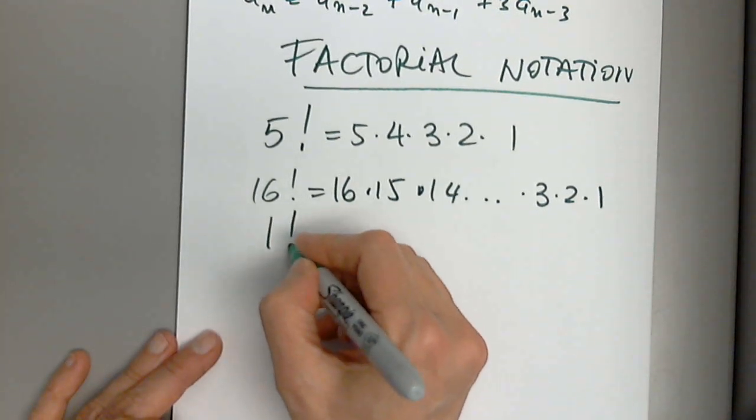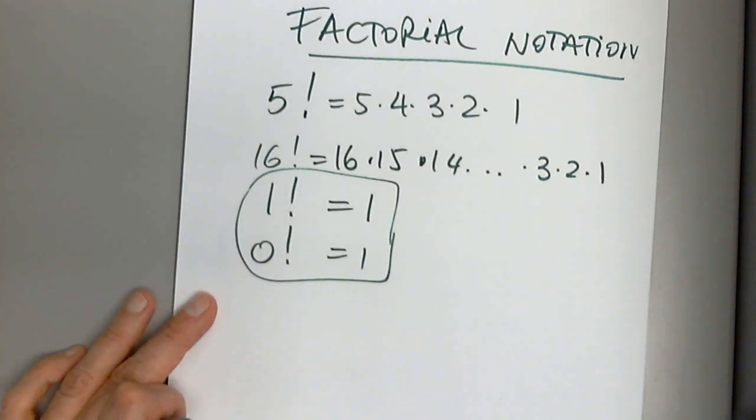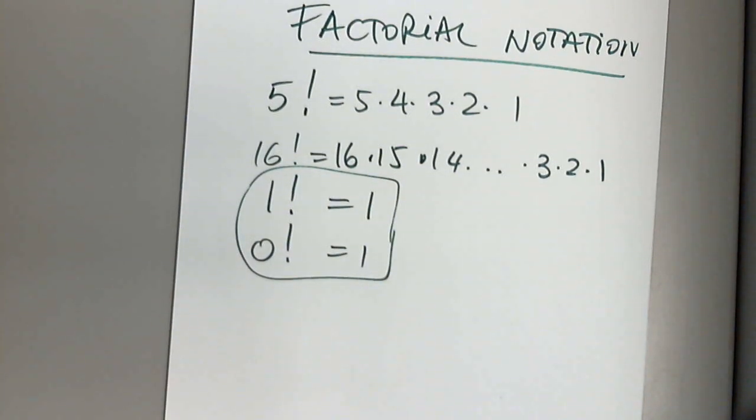By convention, 1 factorial is 1, as well as 0 factorial is 1. We have never seen something like this before, 2 different things equal to the same number.